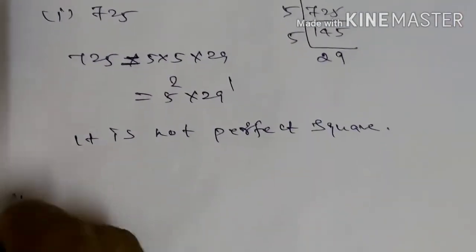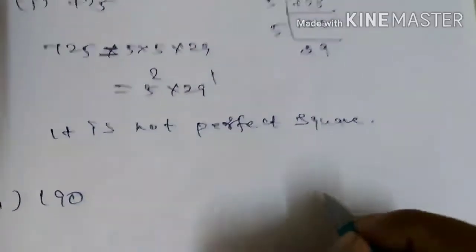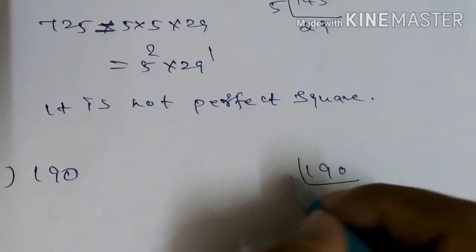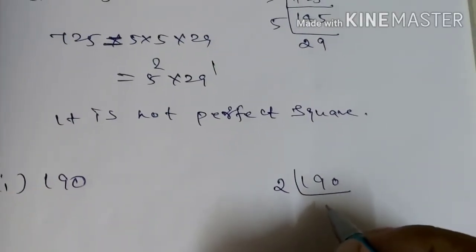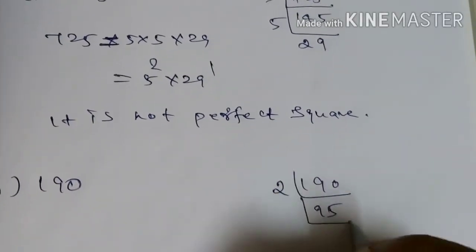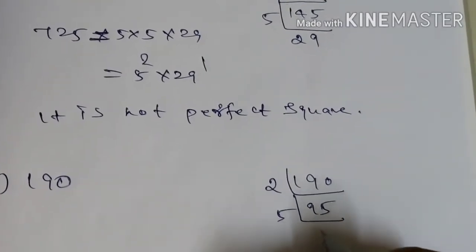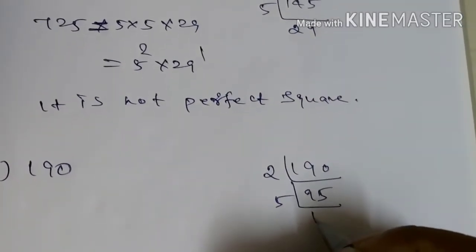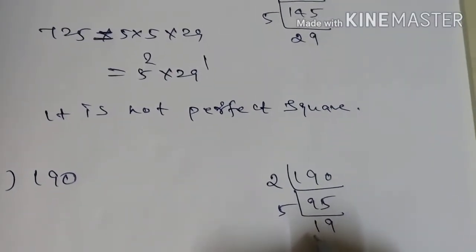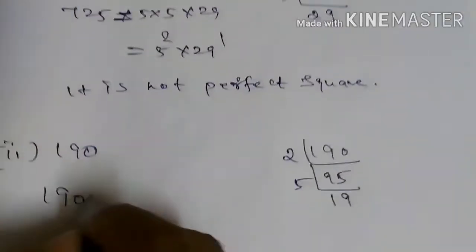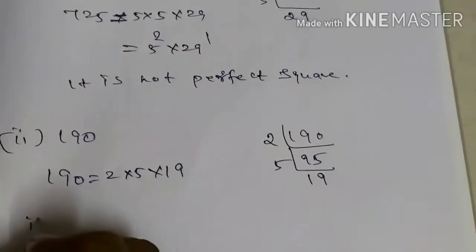And the second option, 190. The same manner: divide to get 95, and again by 5, 19. So 190 equals 2 multiplied by 5 multiplied by 19. Every number comes single, not in pairs, so it is not a perfect square.